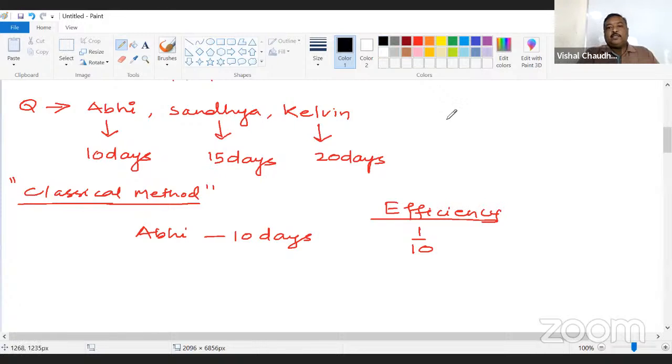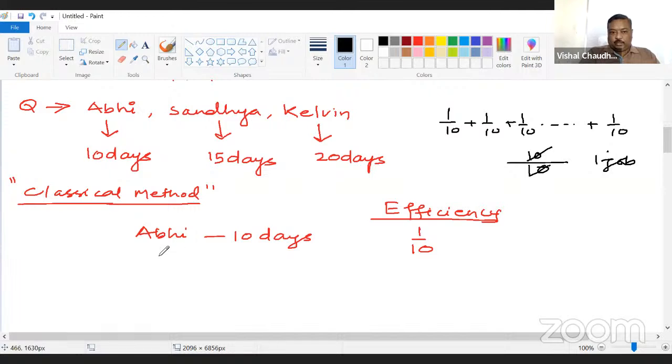Why I am saying this: because 1 by 10, 1 by 10, 1 by 10 till 10 days, he will do 1 by 10 of the job each day, and what he will get is 10 by 10, that is, one job is ready, isn't it? So Abhi's efficiency is 1 by 10.